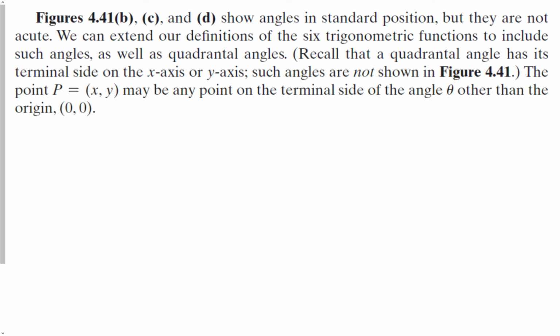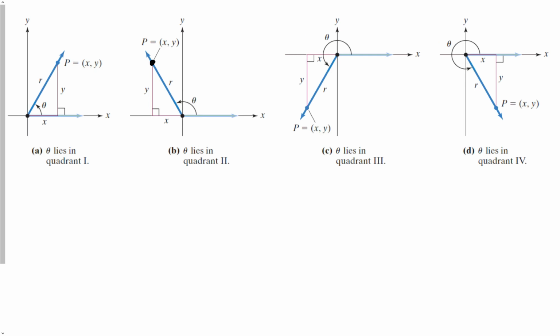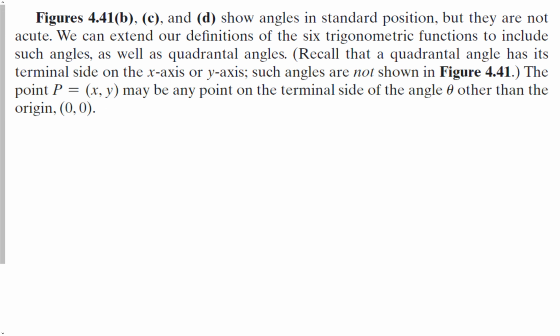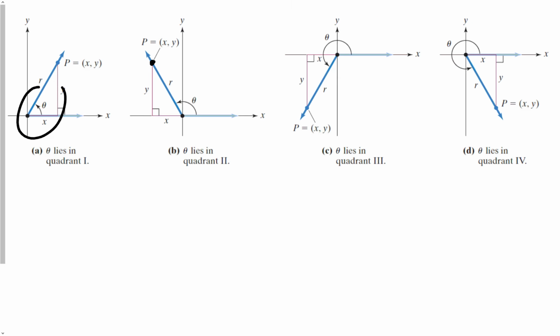For all these pictures, all these angles are in standard position, but they're not acute. The only angle that is acute is that one. That is obtuse. That is bigger than 180 degrees, and so is this one.